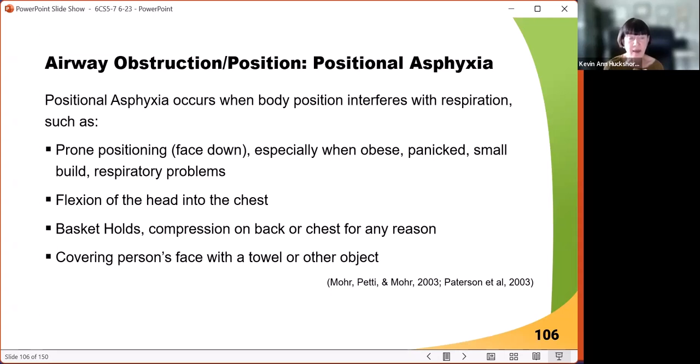Another issue about prone positioning is often if we have to take someone down, we take them down face first because it's safer. But what that means is once we get them down to the bed or the floor or the cot or whatever, we need to remember the 3-second rule, which is to turn them on their side or on their back so we can see their face again.